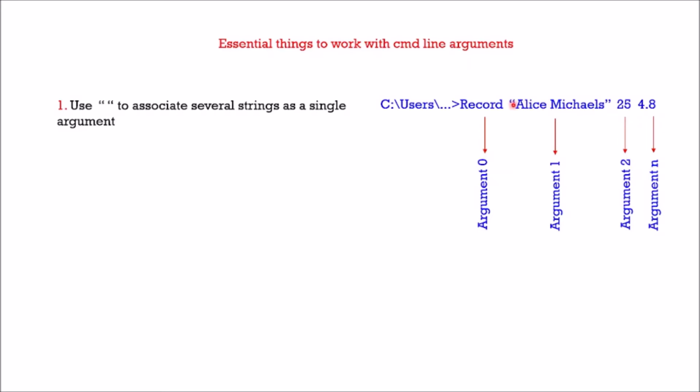In order to force them to be taken as one single argument, I will use this double quotation here, okay? So now they are going to be stored in a position of the argument vector, but both as a single string, including this blank space in between.